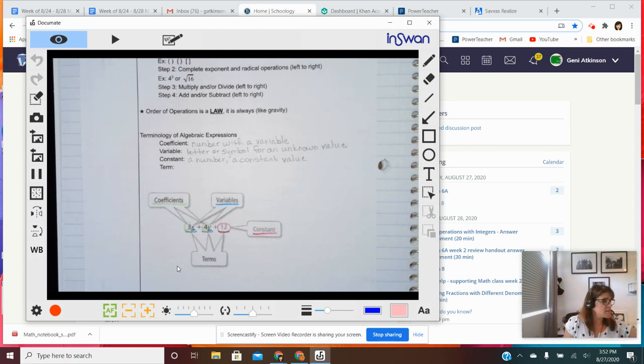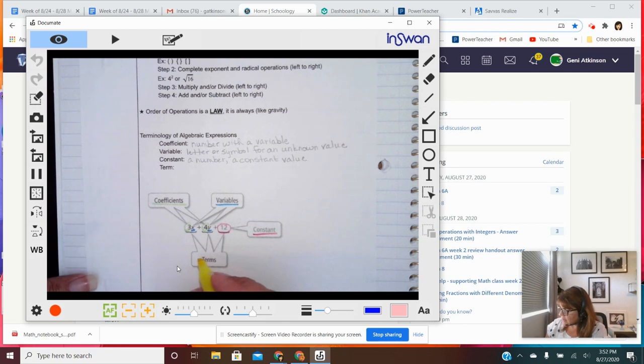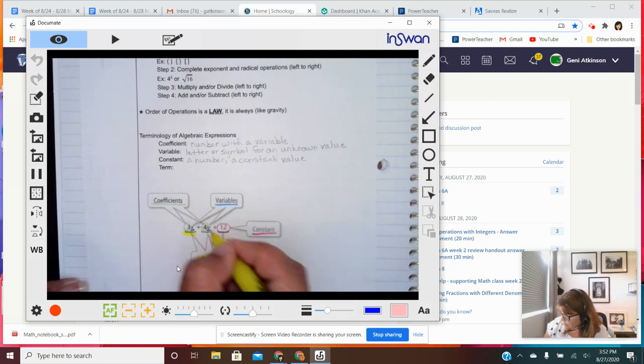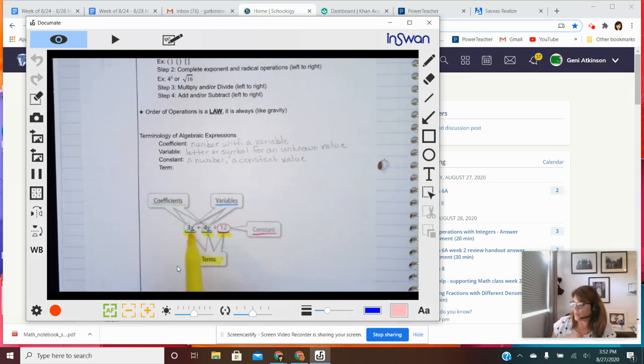Now, the last thing I want to show you, and I'm going to get out a highlighter here, is this word terms. Terms are values separated by addition or subtraction. I told you that 3 and x are being multiplied, but they make one term.